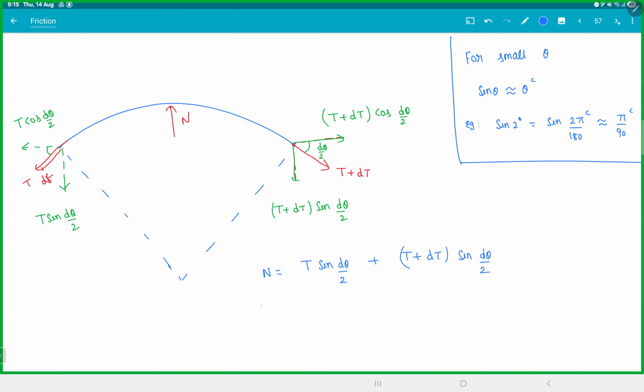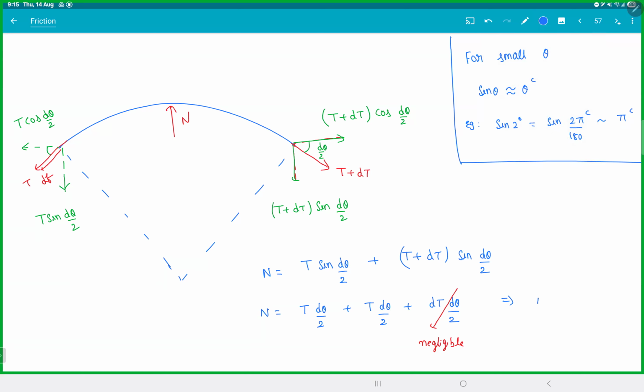So for small angles, sin(d theta by 2) becomes d theta by 2 plus d theta by 2. This will become dT d theta by 2. dT is very small, d theta is very small, so this becomes negligible, since they're very, very small quantities.